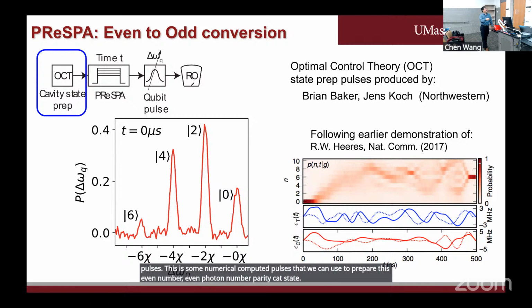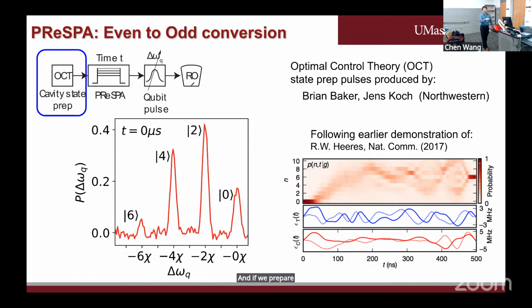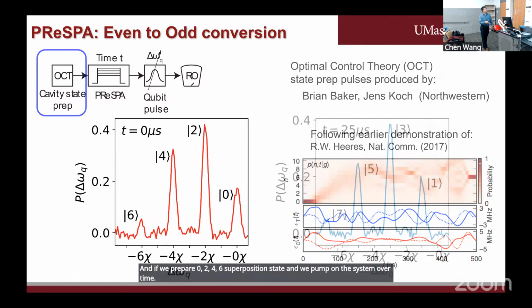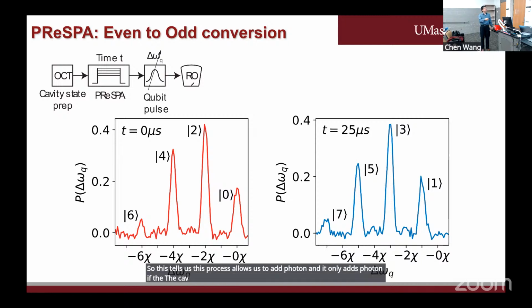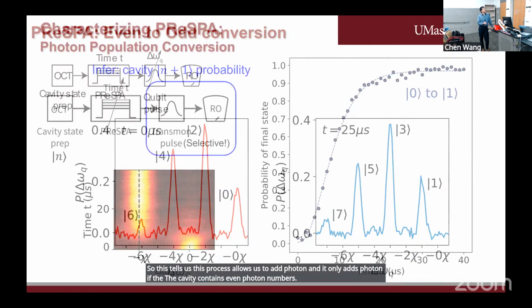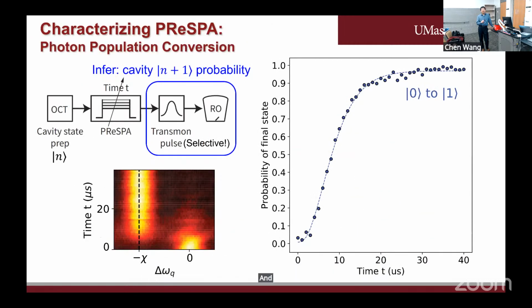If we prepare a 0, 2, 4, 6 superposition state and we pump on the system over time, you can see that it gets converted to a 1, 3, 5, 7 state. So this process allows us to add a photon, and it only adds a photon if the cavity contains even photon numbers. And this is the temporal, the time domain measurement where we pump for a variable amount of time.